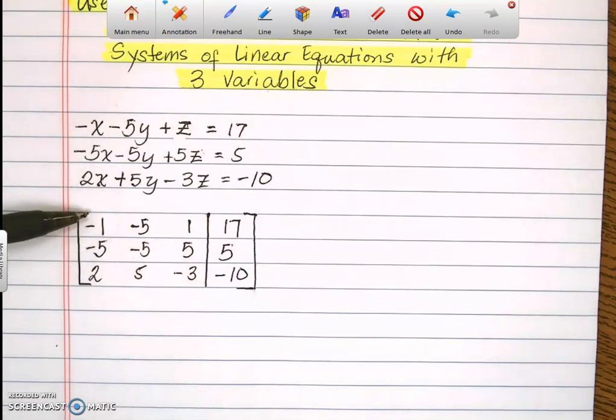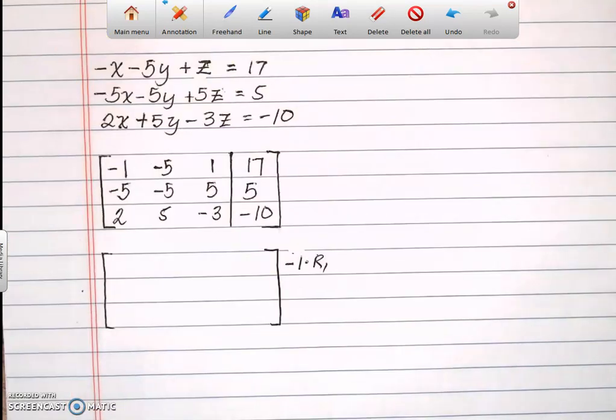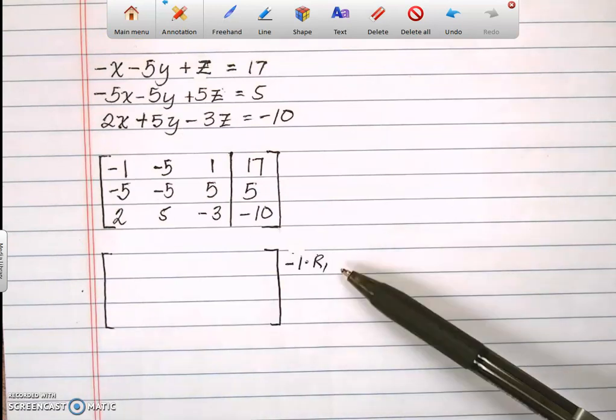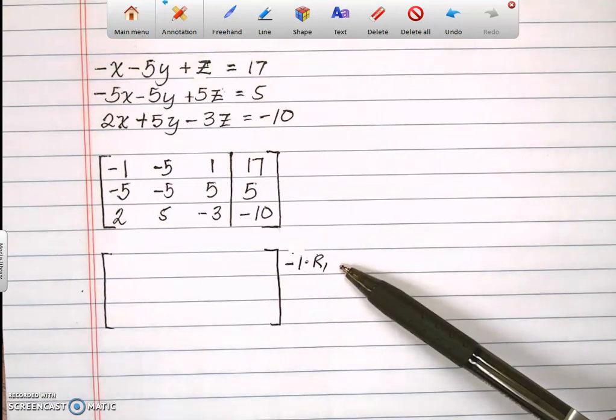Now look at this first row right here. This is going to be easy because this negative 1 can easily be changed to a positive 1 if I multiply row 1 by a negative 1. So that's what we're going to do, and we're going to do it like this. It is very important for you to put the code on the side so that you don't get lost.